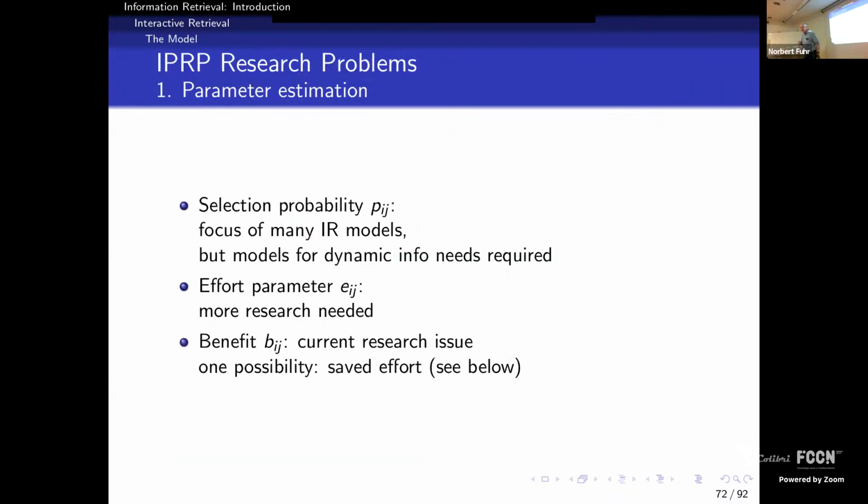Well, actually, to implement that, there's a number of research problems. So first, there is the problem of parameter estimation. You have 3 parameters. You have the selection probability, and in principle, this is the focus of many IR models.